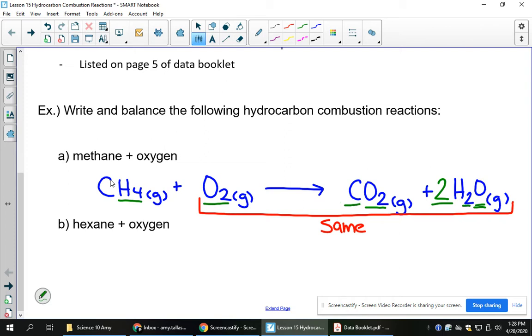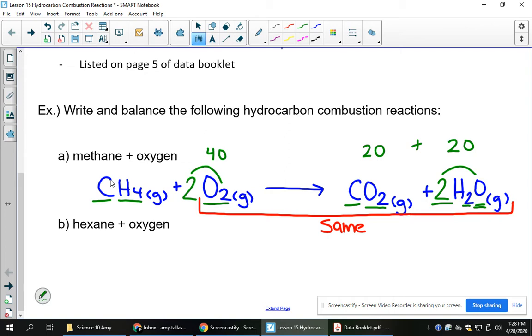I see 1 carbon and 1 carbon, so those are balanced. Now I'm going to do the oxygens, but I'm going to be careful because I have 2 oxygens with the CO2, and now I have 2 oxygens with the H2O. 2 plus 2 is 4 oxygens, so I'm going to put a 2 here to make 4 oxygens.